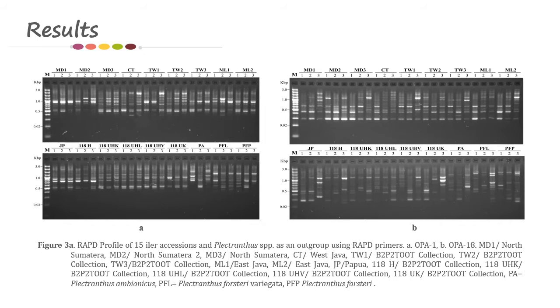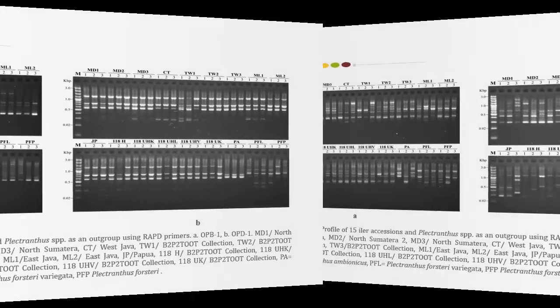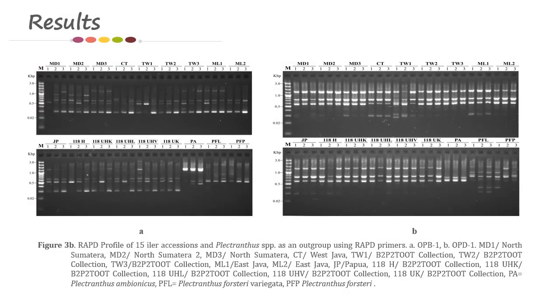Figure 3a shows the RAPD profile of 15 Iler accessions and Plectranthus species as an outgroup using RAPD primers. OPA1 generated 9 fragments and OPA18 generated 8 fragments. Figure 3b shows the RAPD profile using RAPD primers OPB1 and OPD1. This primer generated 10 DNA fragments.